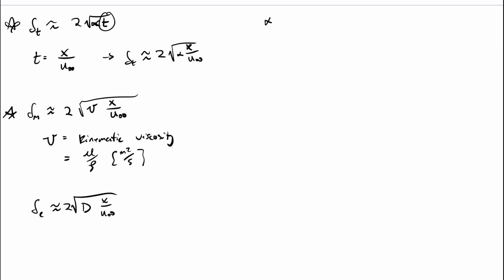So let's just write out a couple ideas here. We have alpha, and now we have this nu. Alpha for these problems represents the ability of a fluid to transport energy by conduction.